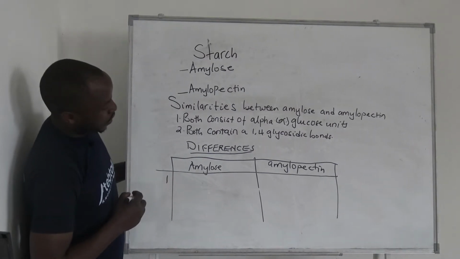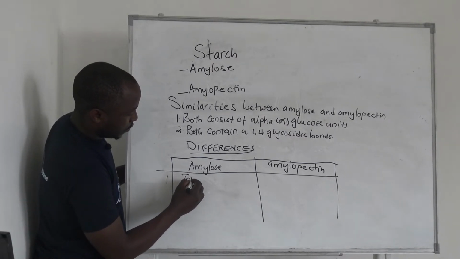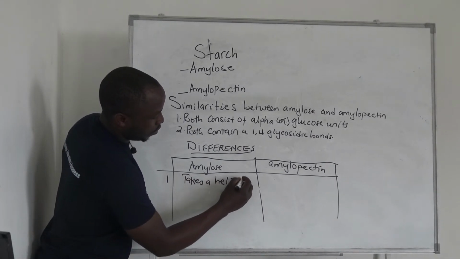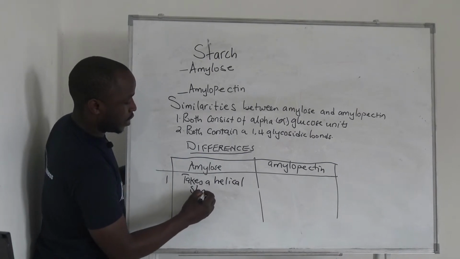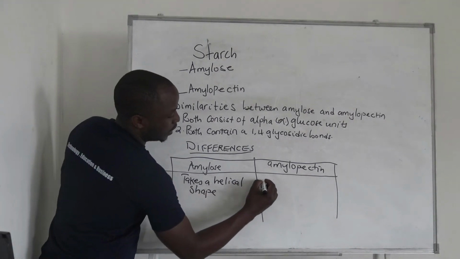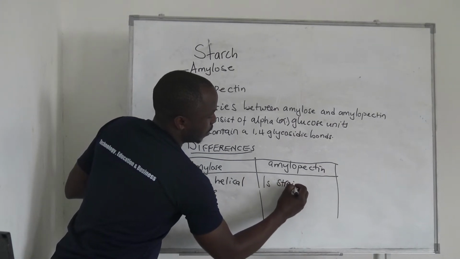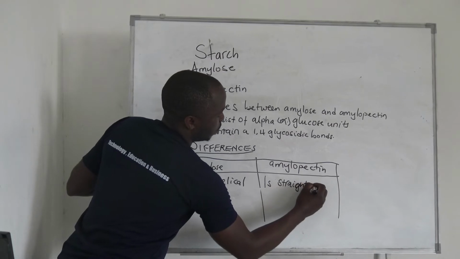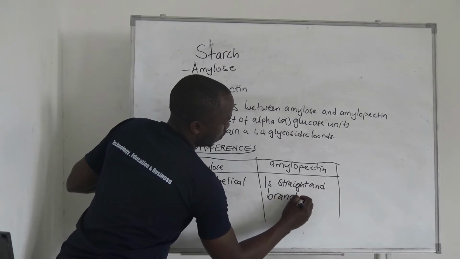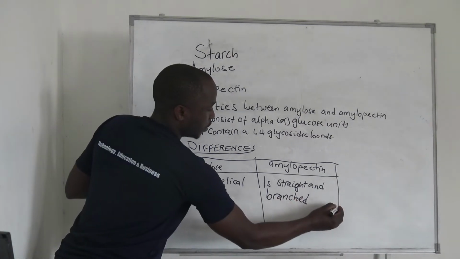Number one, the main difference is that amylose takes up a helical shape. Amylopectin is straight and branched.